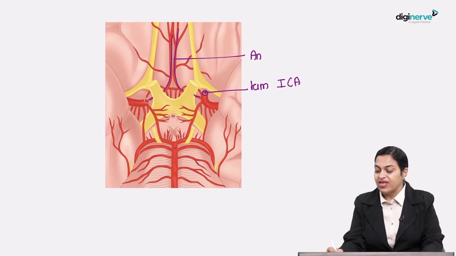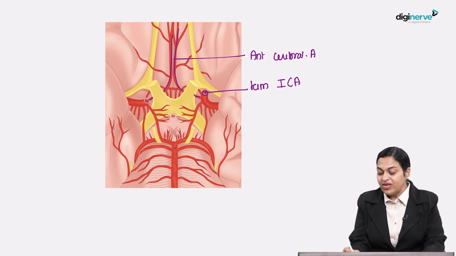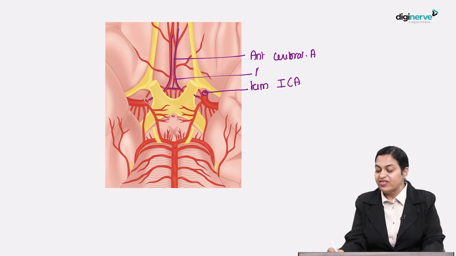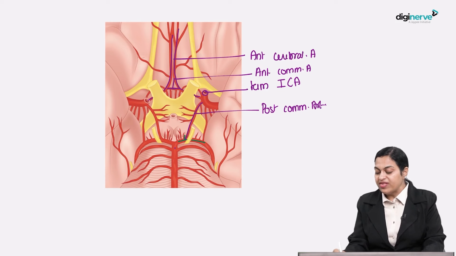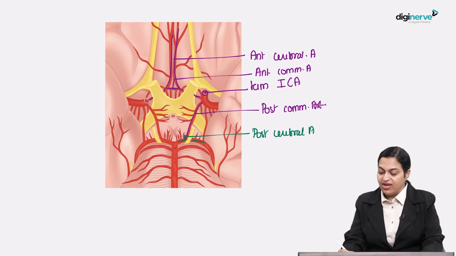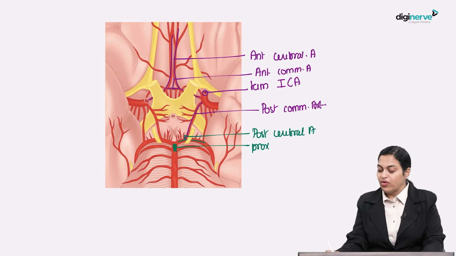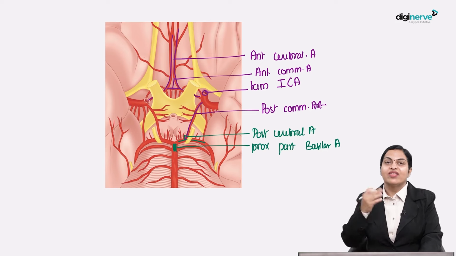The anterior cerebral arteries of both sides are connected by this anterior communicating artery, right? Similarly here, we have the posterior communicating artery, again a branch of the internal carotid artery. And over here, the posterior cerebral artery, which is the terminal branch of the basilar artery. All this contributes to the circle of Willis.